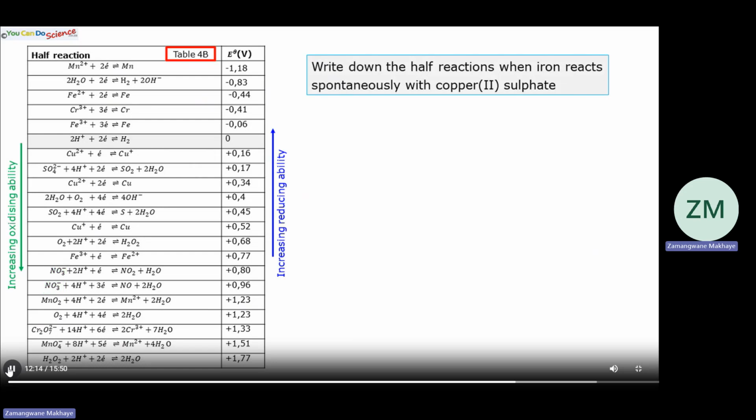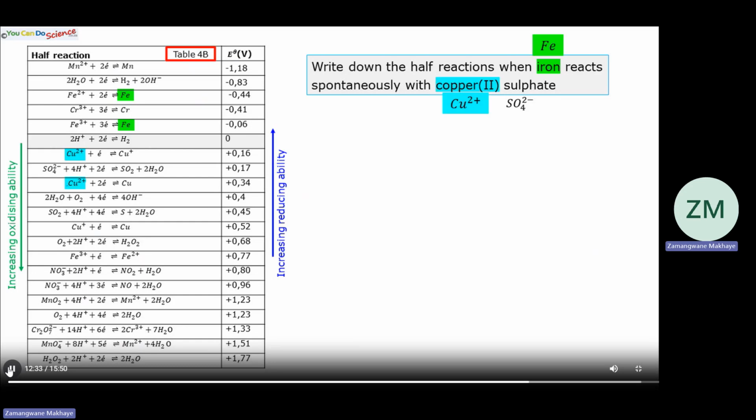Write down the half reactions where iron reacts spontaneously with copper 2 sulfate. Mark Fe. Look carefully. Fe appears more than once on the table. Ionic substances must be broken down into ions.